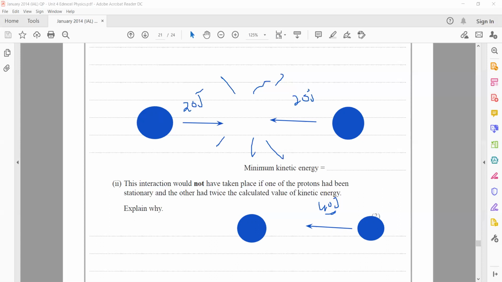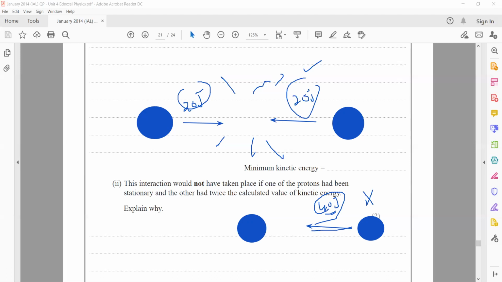This interaction will not take place if one of the protons is stationary and the other proton has twice the kinetic energy which we calculated. The first case, it was production of the particle. Second, it does not happen, the same interaction, even though the energy is the same. You can see 40, here also 20 plus 20, 40. Any idea? So basically, what is the reason?